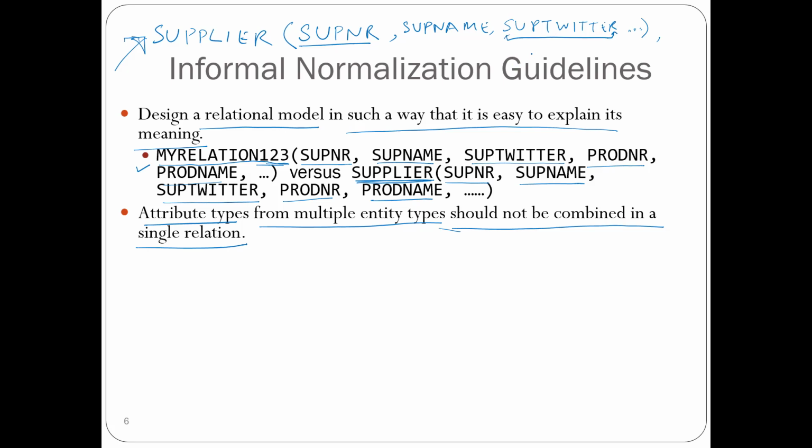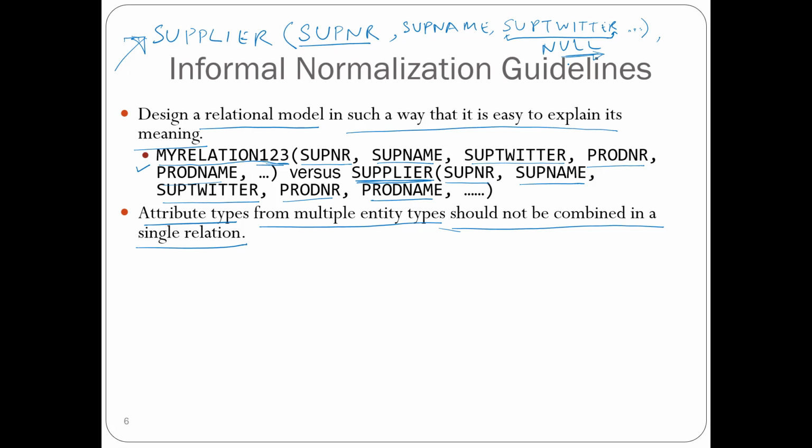Let's assume that in the supplier table, for some reason, more than 50% of people are without a Twitter account. If that's the case, then expect null values here, right? Which is a signal that we should better organize this relation by breaking it down into two further relations.